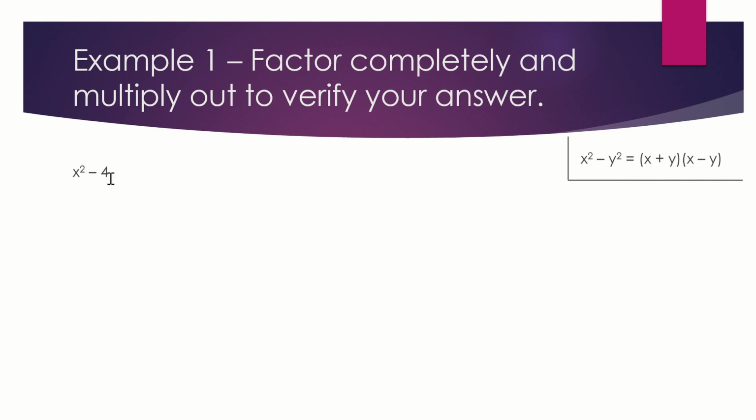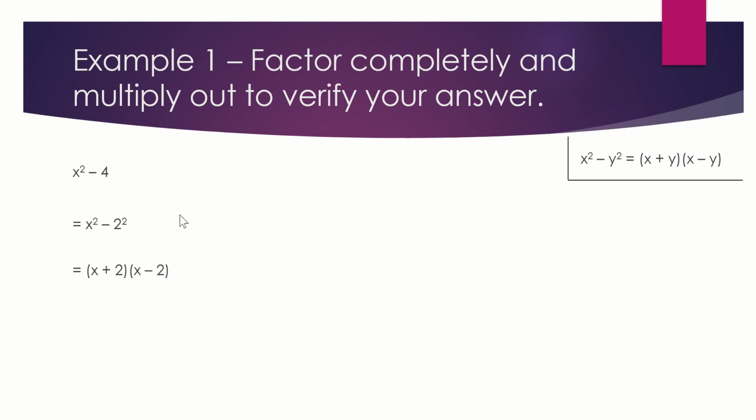But here there's not a square, but we can rewrite it as a square, right? So 4 is actually equal to 2 squared. So we can rewrite 4 as 2 squared, okay? Once we have that, we know that x is just equal to x, and our y in this case is equal to 2, okay? So the way to rewrite this would just be x plus 2 times x minus 2, okay?